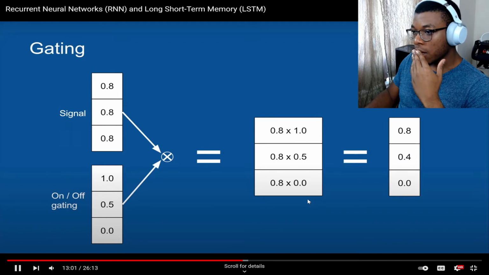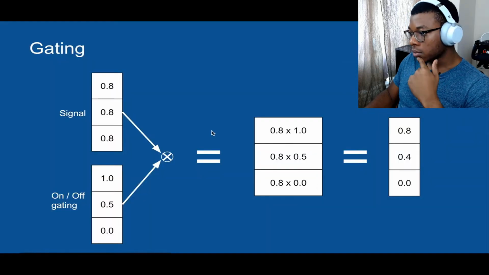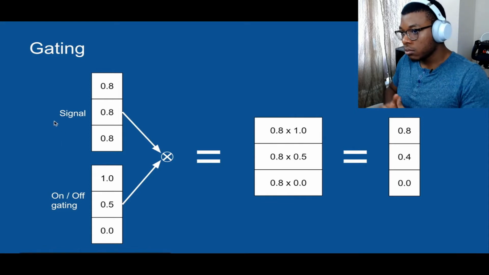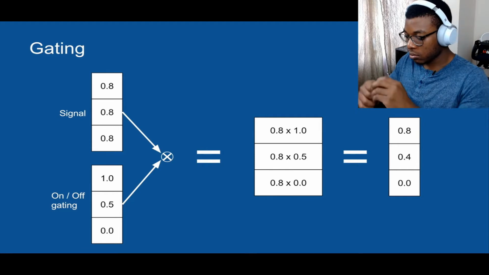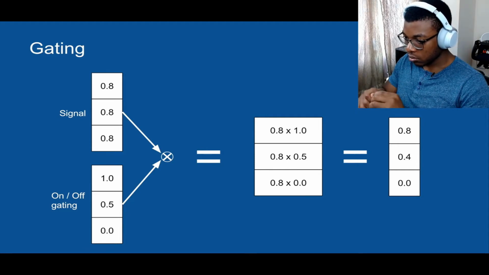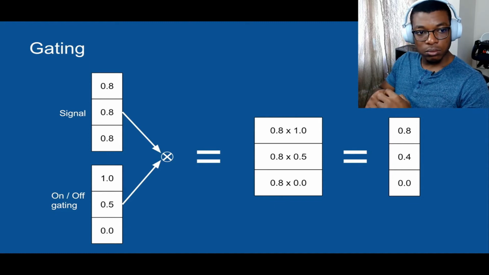Element-wise multiplication lets you do something pretty cool. You imagine that you have a signal, and it's like a bunch of pipes, and they have a certain amount of water trying to flow down them. In this case, we'll just assign the number of 0.8. Now, on each of those pipes, we have a faucet, and we can open it all the way, close it all the way, or keep it somewhere in the middle to either let that signal come through or block it. So in this case, an open gate, an open faucet would be a 1, and a closed faucet would be a 0.